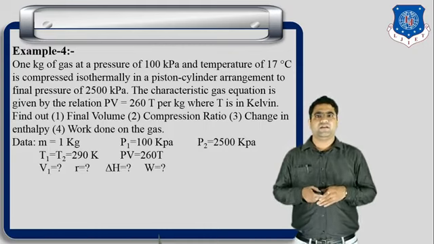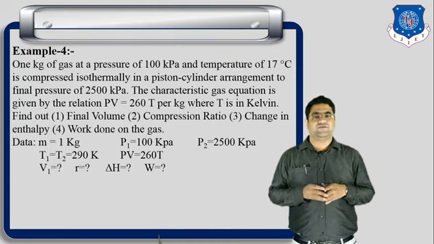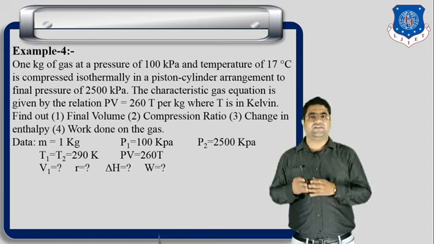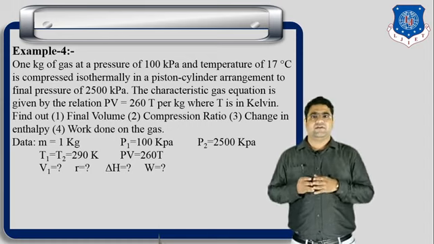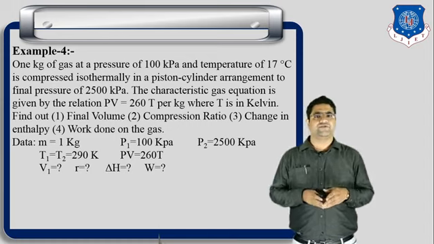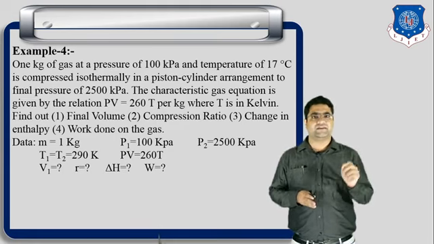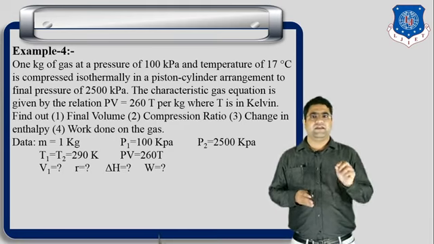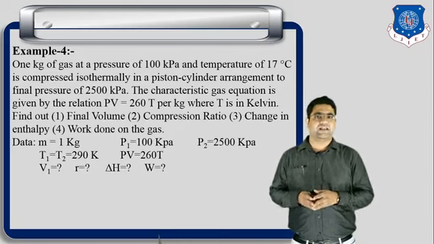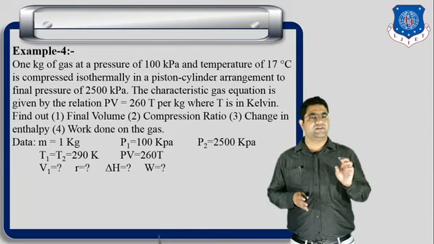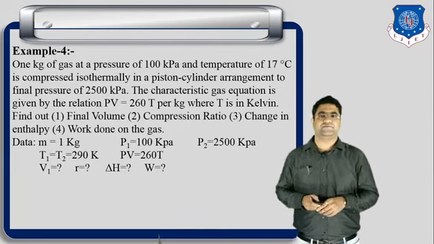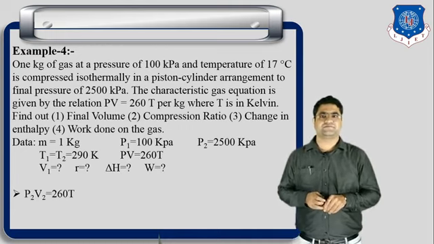Now what do we have to find? First, the final volume. Second, the compression ratio, small r, that is V2 by V1, and the change of enthalpy, delta H, and the work done, W. Let us start the calculation.